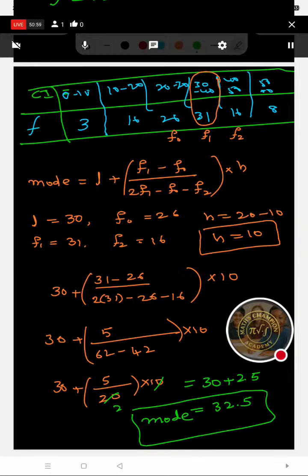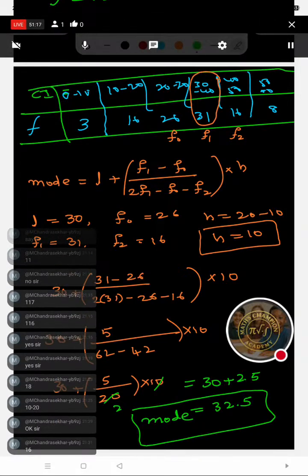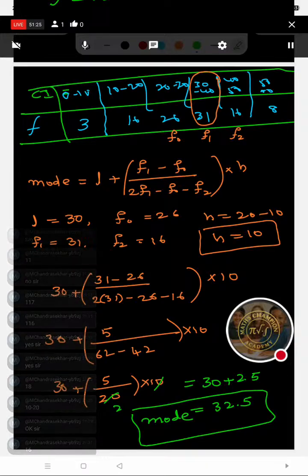16th problem: sum of radius of the base and height of a solid right circular cylinder is 37. 16th one.